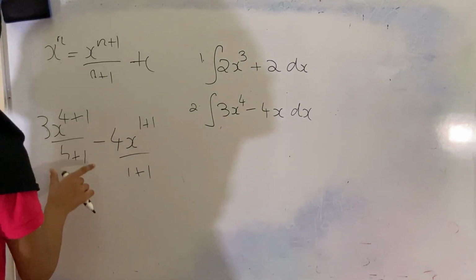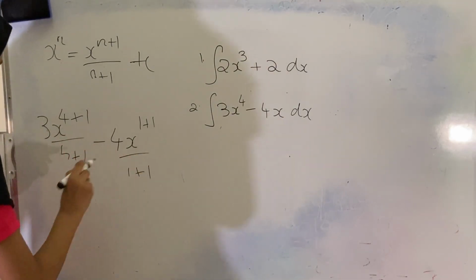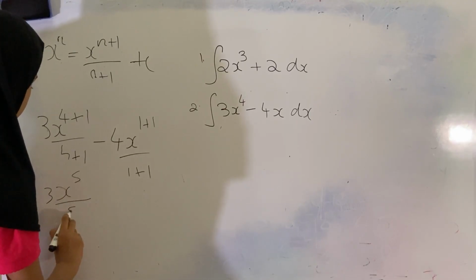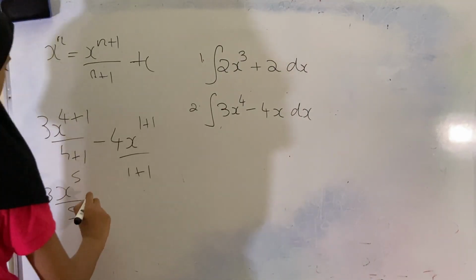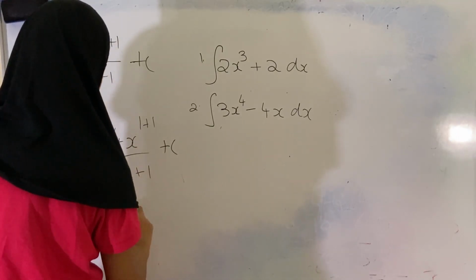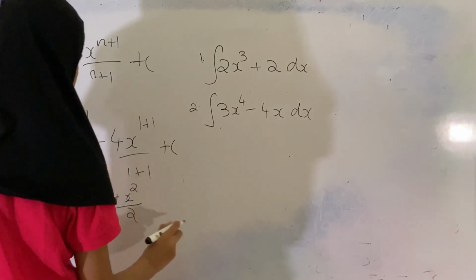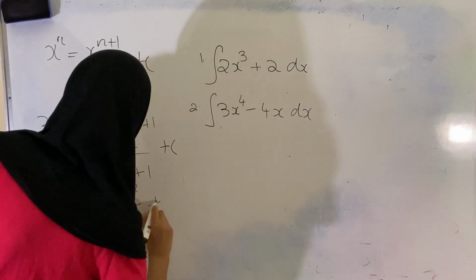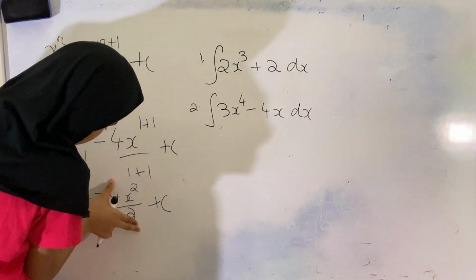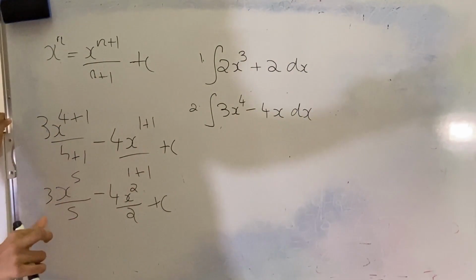So 3x raised to 5 by 5 minus 4x raised to 2 by 2 plus c. So this is the answer, but for this one you could make it shorter.